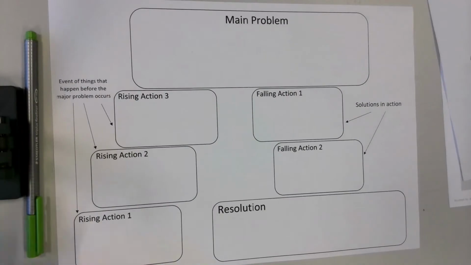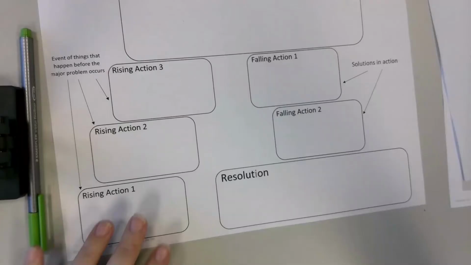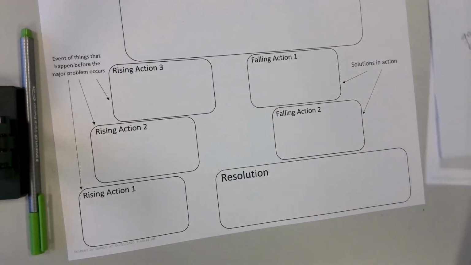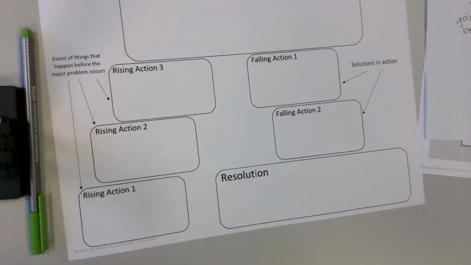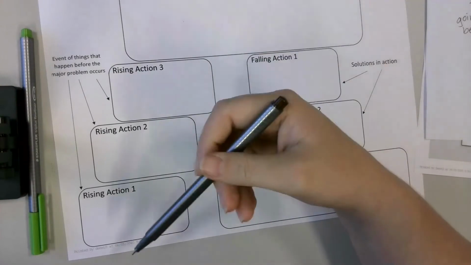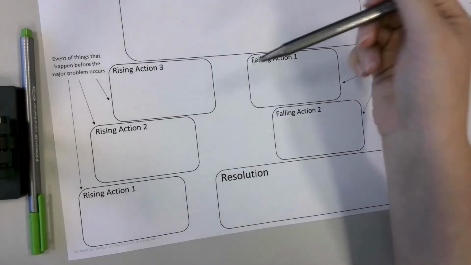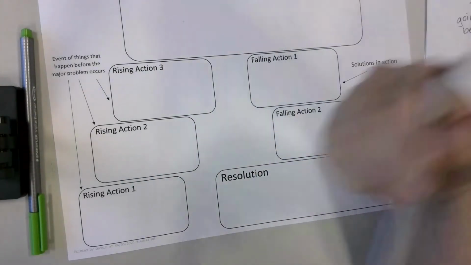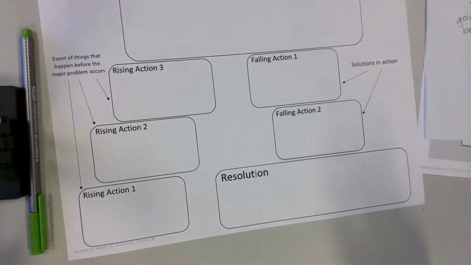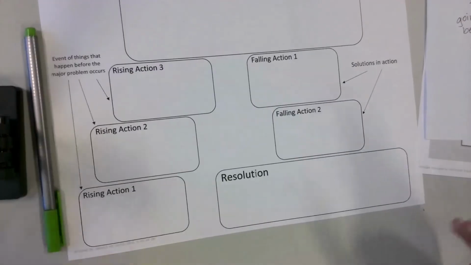Now I already have a pretty good idea about this based on my other planning. I've also written in here that they are going to start off the story not as friends. So I need to have some rising actions coming up to a big problem that might happen because they're not friends.